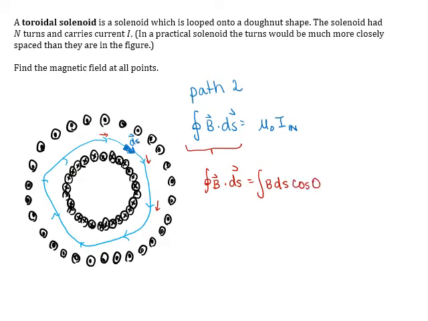Those two things are parallel, so the angle between them is 0. So we've got the integral of B times ds. We're a constant distance away from the wires at every time, so the B is going to be constant. We're left with the integral B times the integral of ds. What we get when we integrate ds is the entire path length, so that's B times 2 pi r.